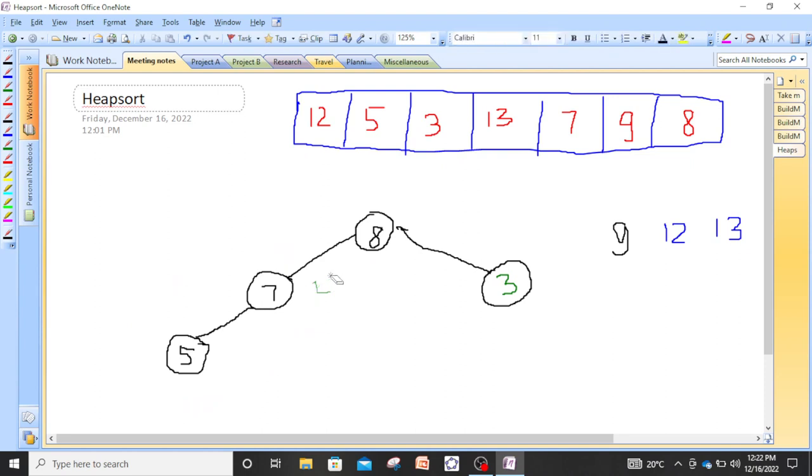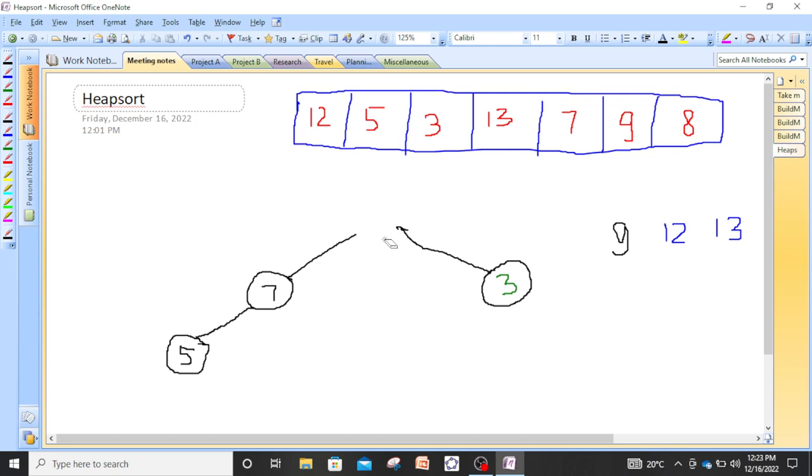So you see, this heap is a max heap. Whenever you see a max heap, the largest value will be the top node, that is the root node, and this 8 will be removed from here. Since you removed the value, there is no need to keep a circle there, because whenever you draw a circle, you have to keep a value inside it.